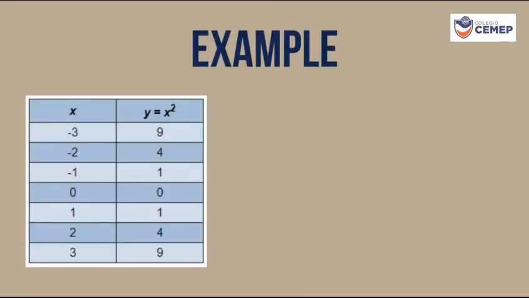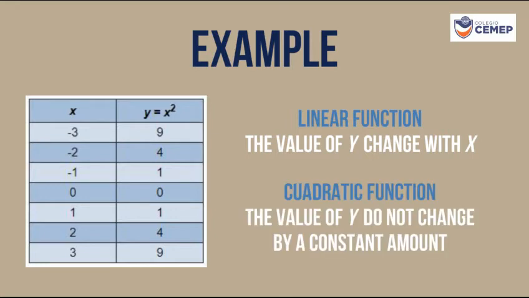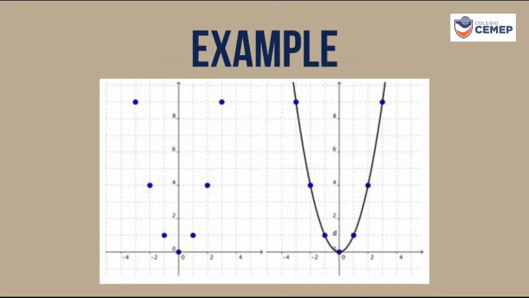For example, if we make a table with the values of this function, we see that the values do not behave like a linear function. In a linear function, the value of y changes by the same amount each time the value of x increases. This does not happen with a quadratic function. After plotting some points, we draw a curve connecting the points, and now we have a parabola.